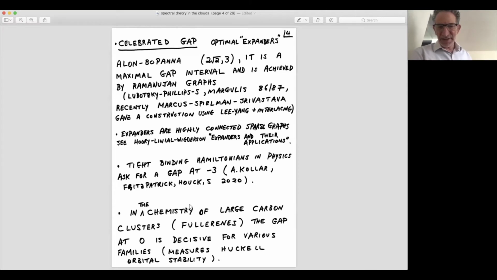And in that case, the gap at 0 is important. In fact, the midpoint of where the eigenvalues are, in what's called the Hückel model in chemistry, the gap in the middle is the decisive one. So these come up in a number of contexts and probably many more.